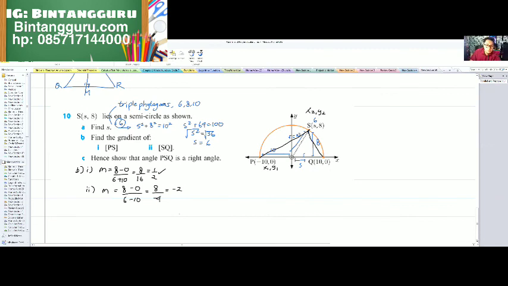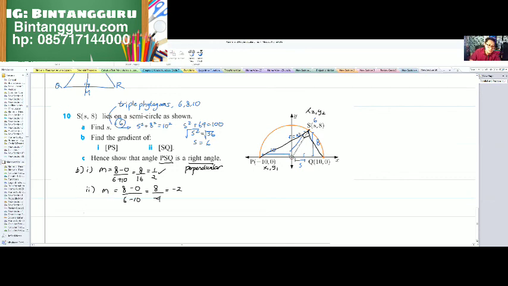Okay, and we have to show that angle PSQ is a right angle. So what is a right angle? It should be perpendicular. So the gradient of PS should be perpendicular to SQ.